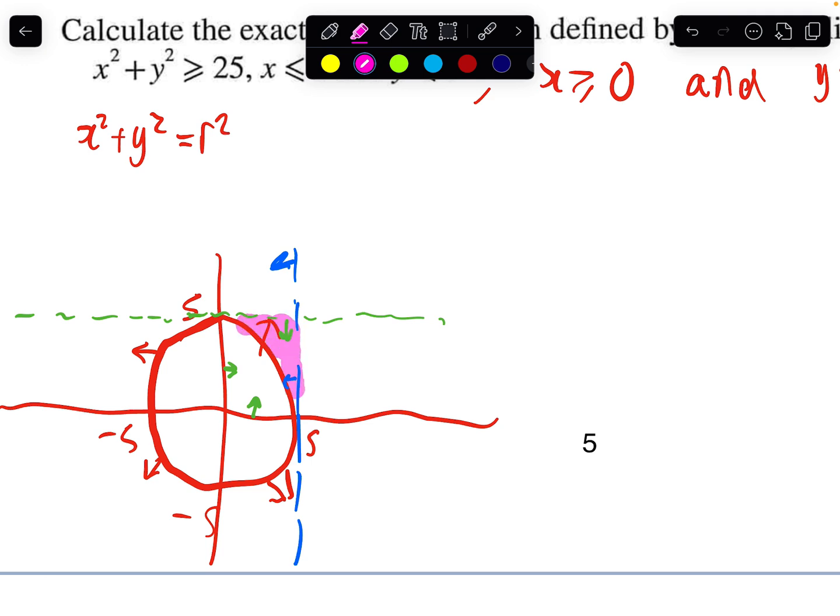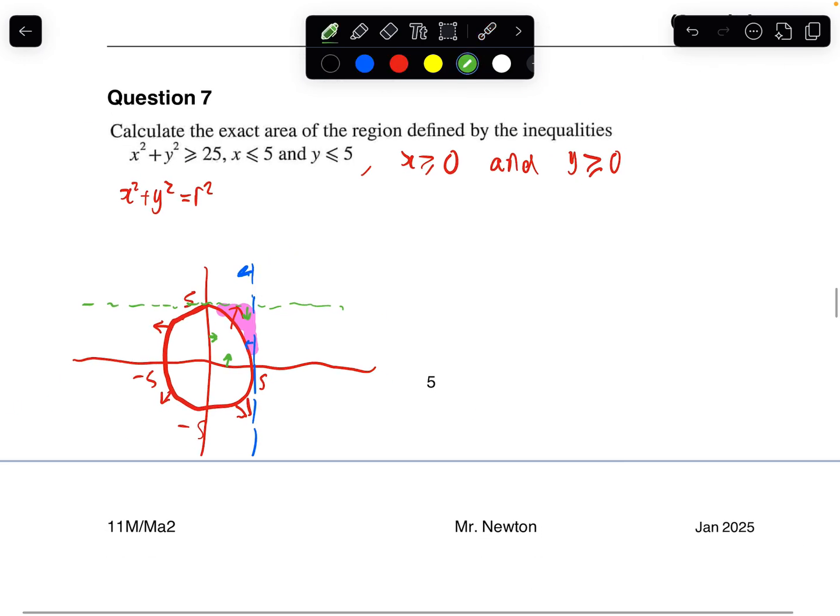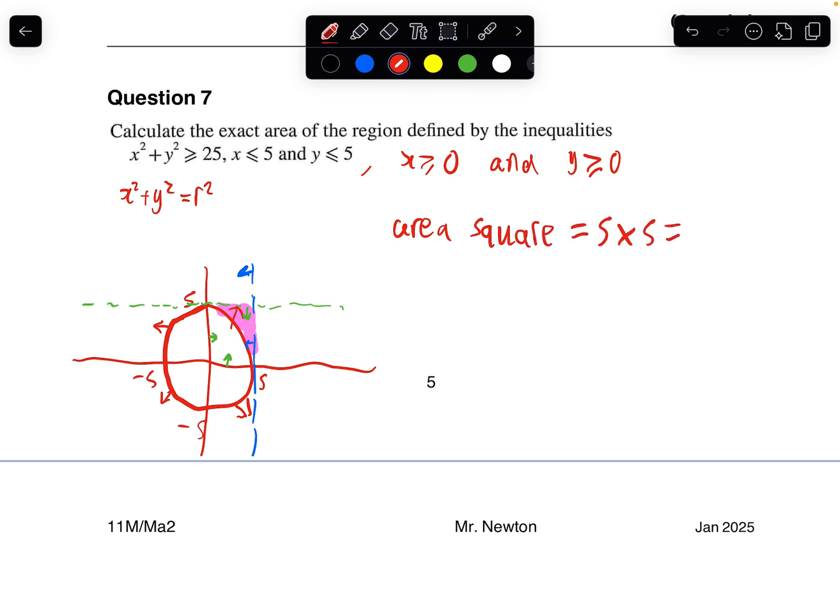Well, this whole thing is a 5 by 5 square. This section is a quarter of a circle. So if I take the area of the quarter circle away from the area of the square, I'll be fine. Area of the square is 5 times 5, which is 25.